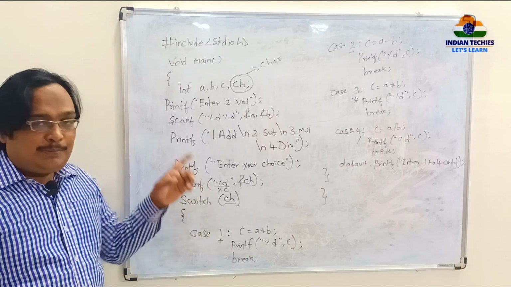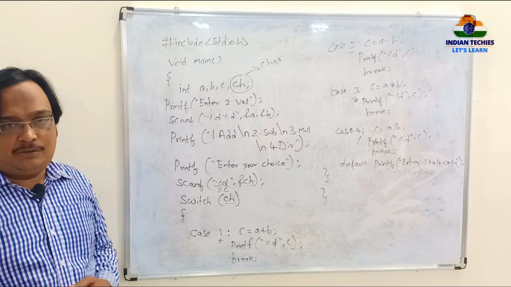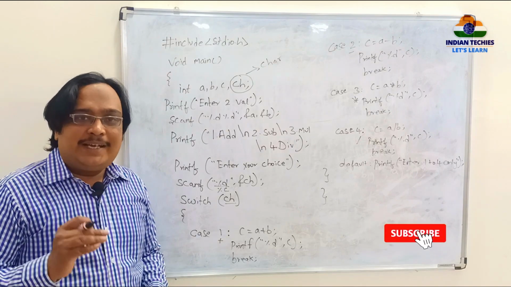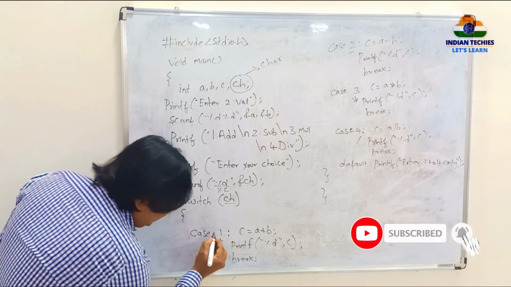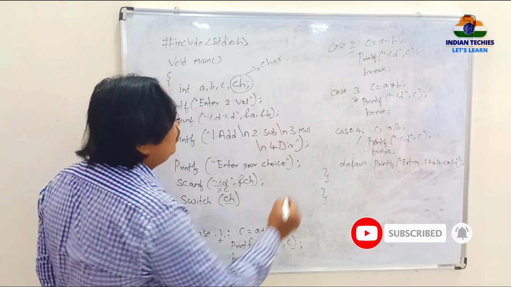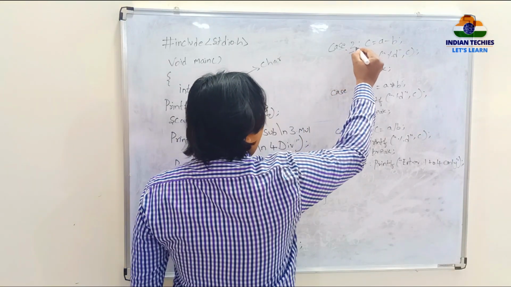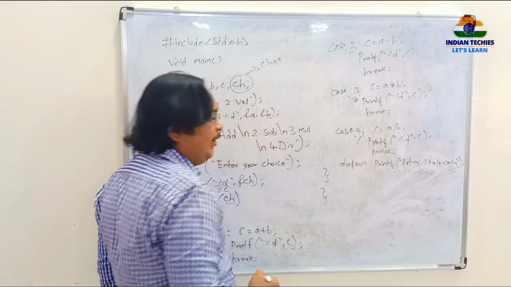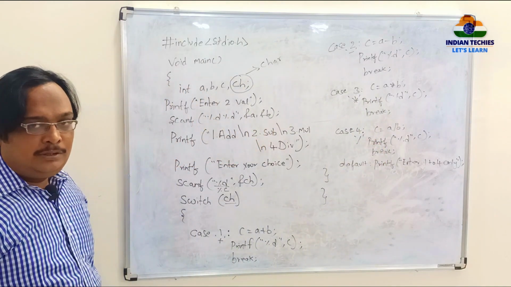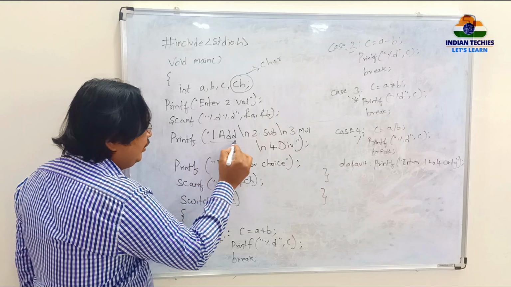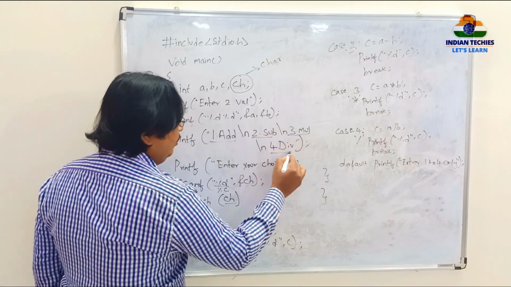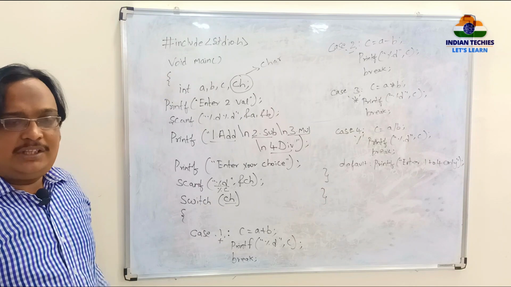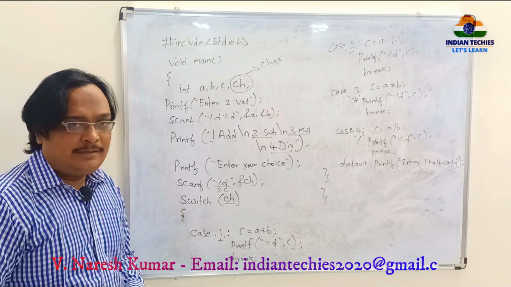But if you write this plus, minus like this, it will not work, because a character constant has to be written in single quotes. So this plus has to be represented in single quotes, minus in single quotes, star in single quotes, and slash in single quotes. And obviously you will change these statements. Instead of 1, 2, 3, 4, here you will keep plus, minus, star, slash. So this will work with characters.